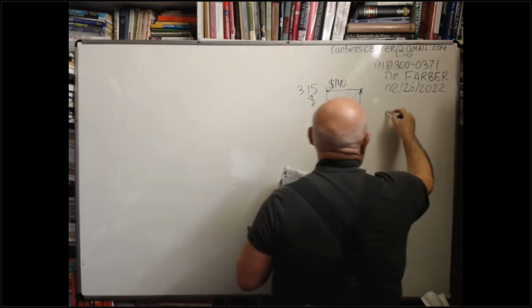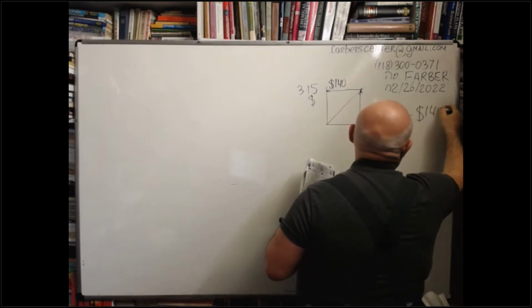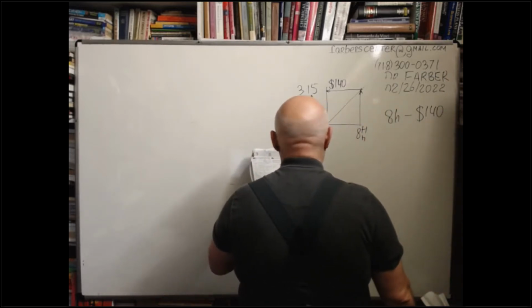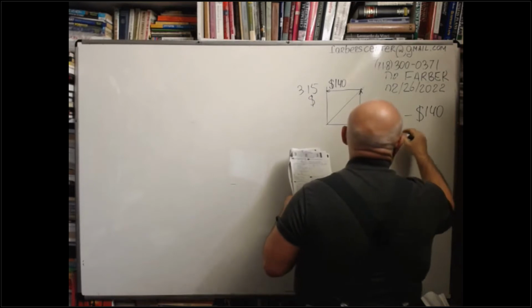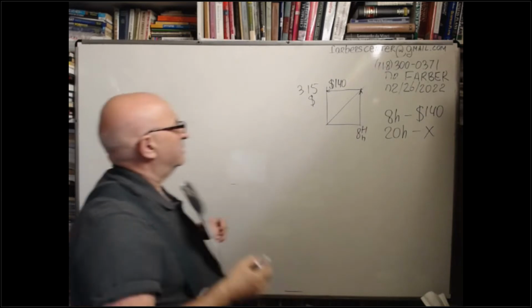So for 8 hours, you get $140. And they ask you about 20 hours. And for 20 hours, I have no idea. From cross multiplication, you find this x.